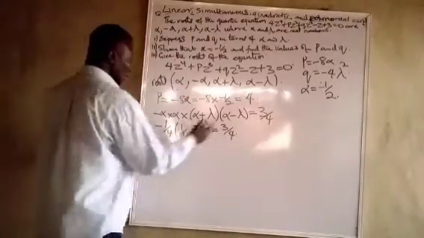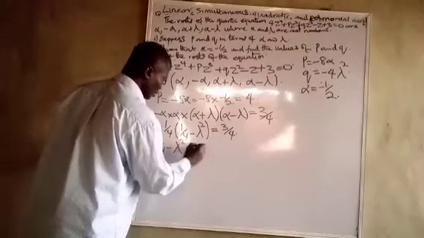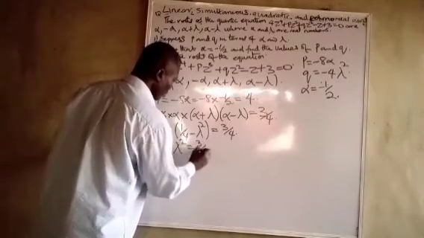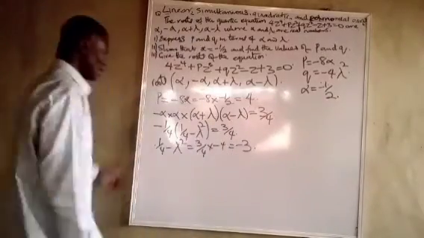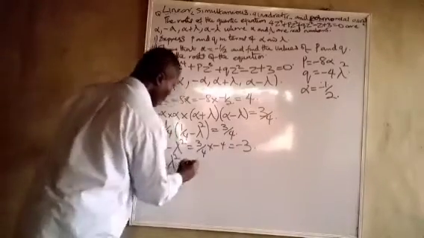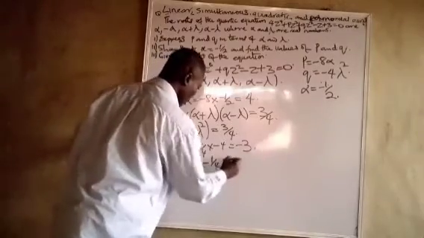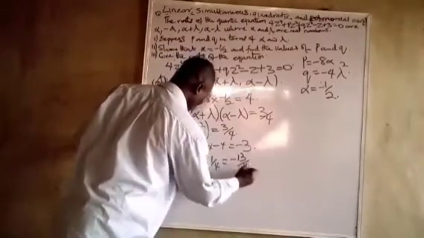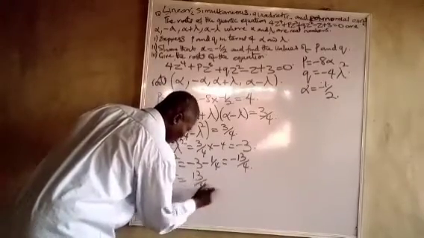Then multiply both sides by minus 4. So I have 1 over 4 minus lambda squared is equal to 3 over 4 times minus 4, which is minus 3. So minus lambda squared is equal to minus 3 minus 1 over 4, which is minus 13 over 4. So lambda squared is equal to 13 over 4.